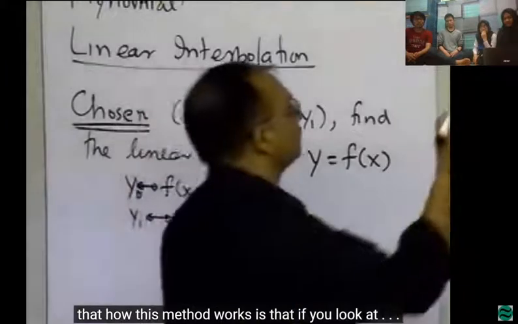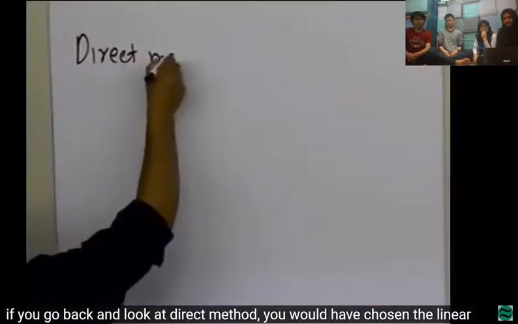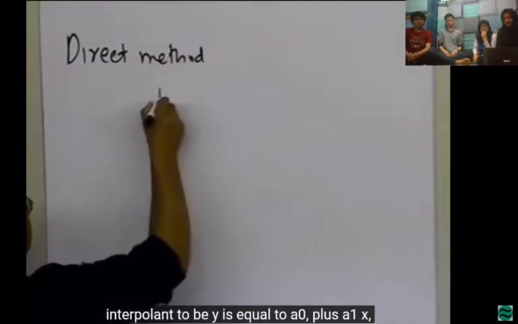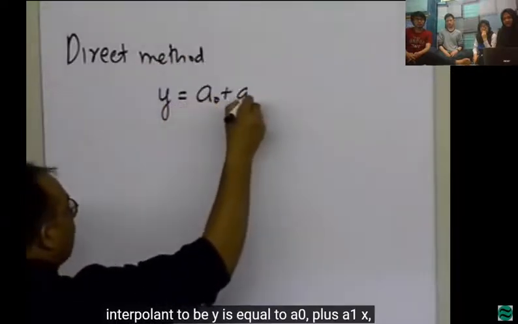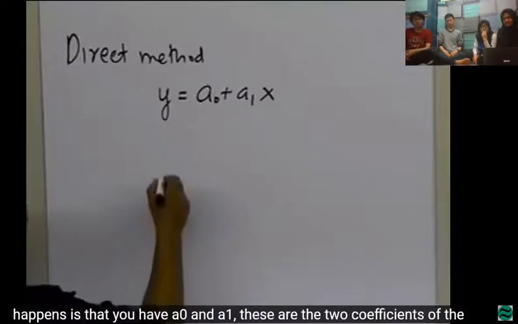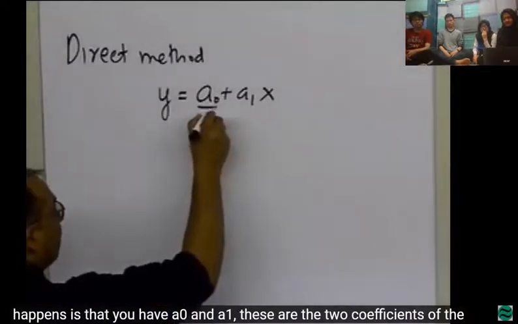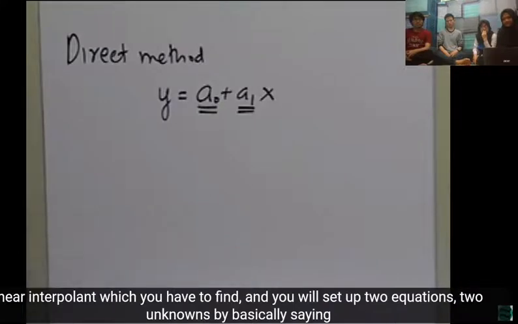If you go back and look at the direct method, you would have chosen the linear interpolant to be y equal to a naught plus a1x. That is the interpolant which you would have chosen. In that case, you have a naught and a1, the 2 coefficients of the linear interpolant which you have to find.